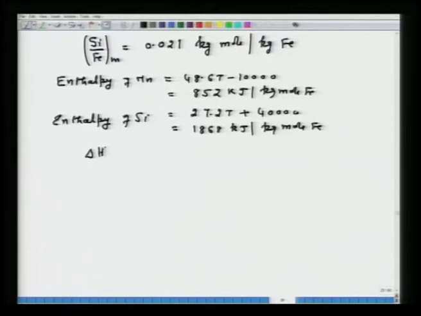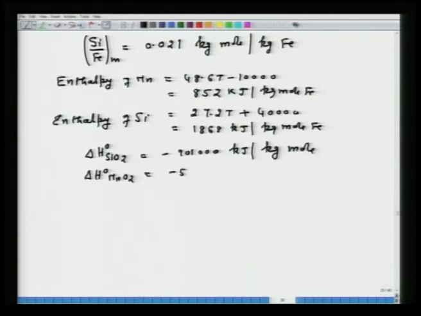So, delta S naught SiO2 and delta S naught MnO2, that is equal to minus 901,000 kilojoule per kg mole, and MnO2 is minus 518,478 kilojoule per kg mole.